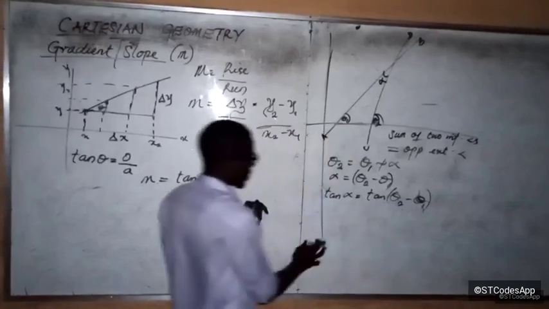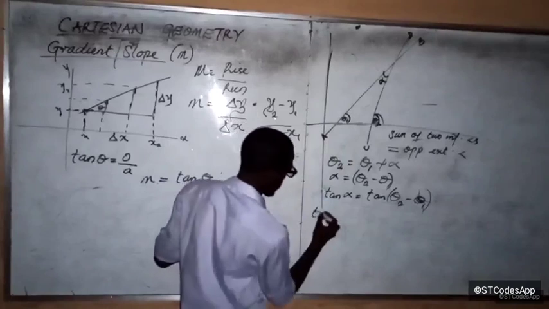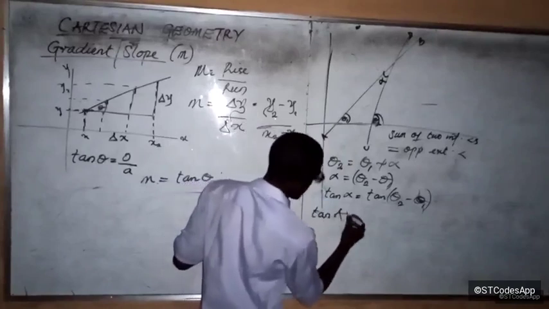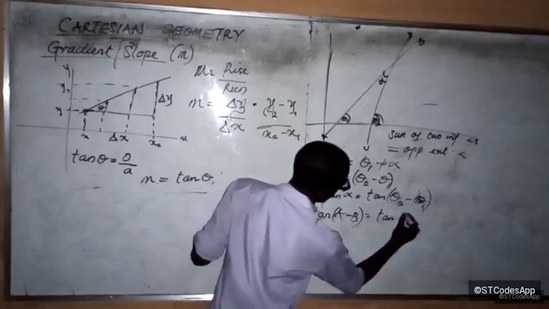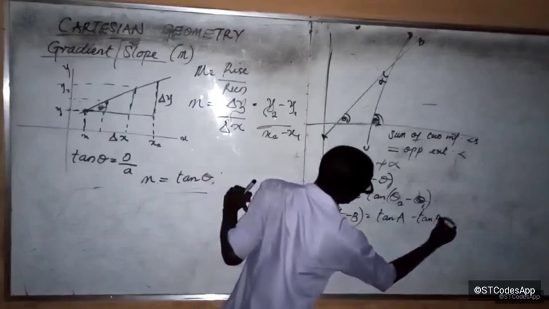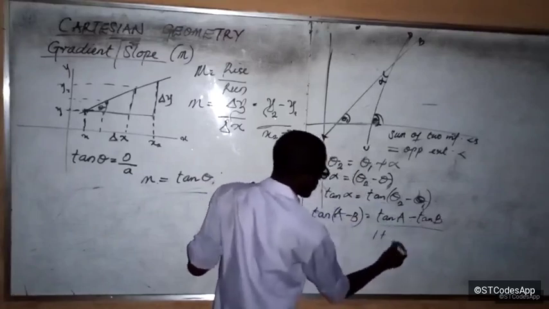From tangent functions, subtraction of two angles, what do we have? Remember that tan(A minus B) is equal to (tan A minus tan B) over 1 plus tan A tan B. If you have minus in the numerator, the one below will be plus.